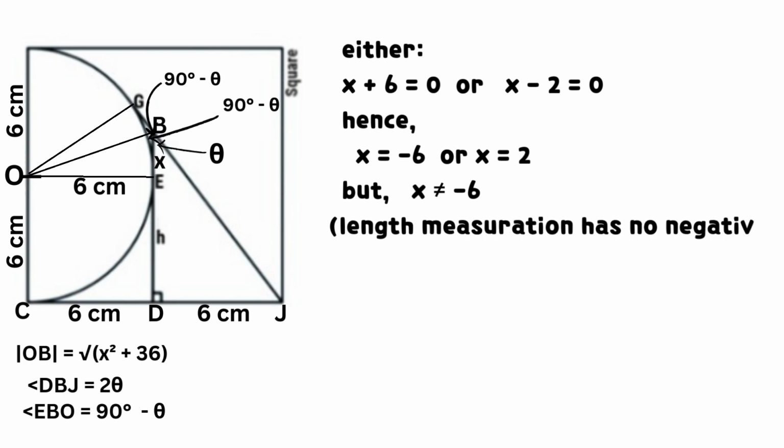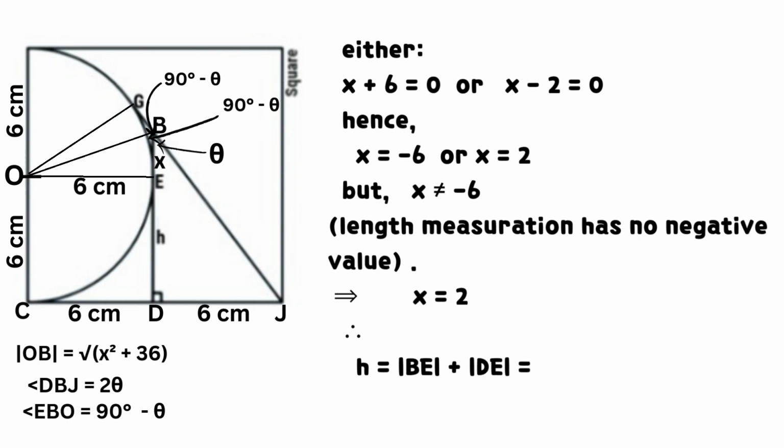Hence, x equals -6 or x equals 2. But x is not equal to -6, because length measurement has no negative value. It implies that x equals 2.